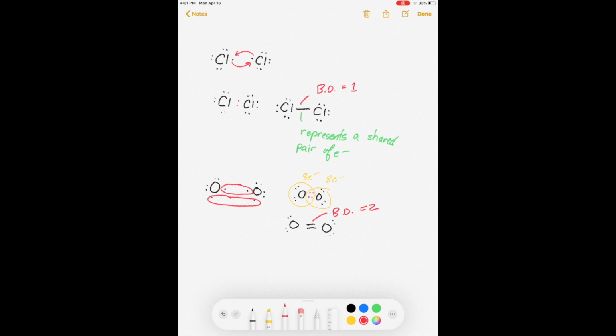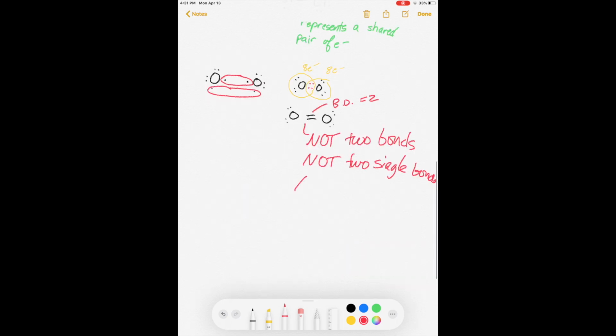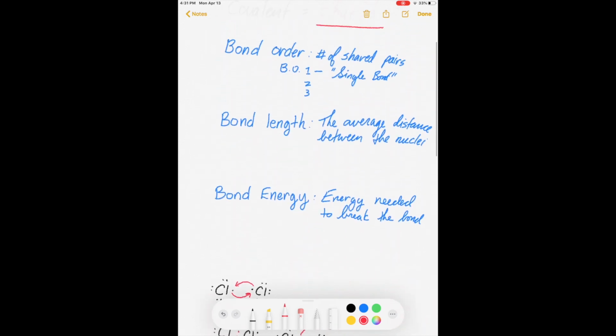Now, one fundamental thing that I cannot say enough is that even though this has a bond order of 2 and there are 2 lines, this is not 2 bonds, and this is not 2 single bonds. This is a bond that happens to share 4 electrons, or 2 shared pairs of electrons.